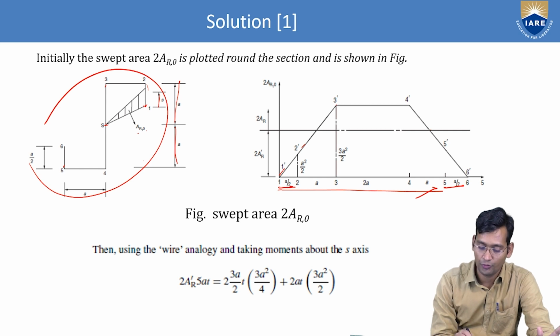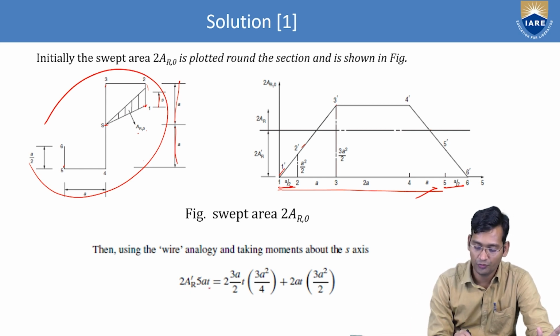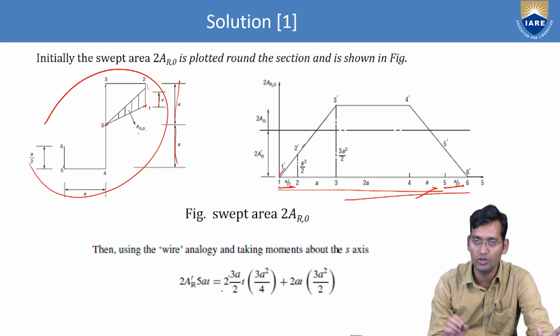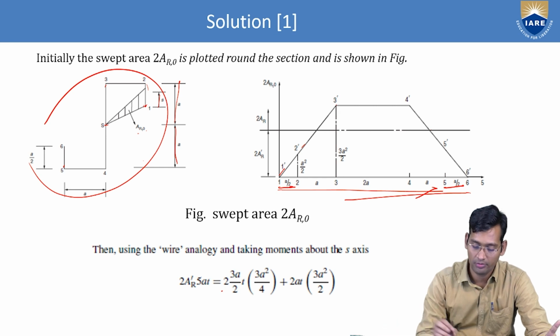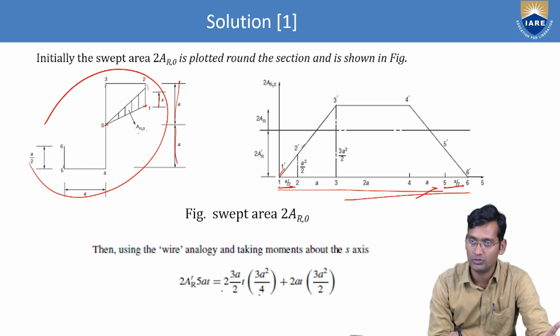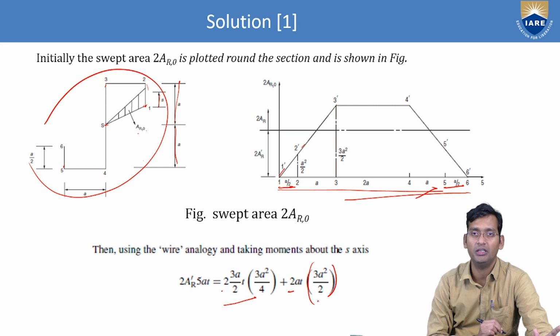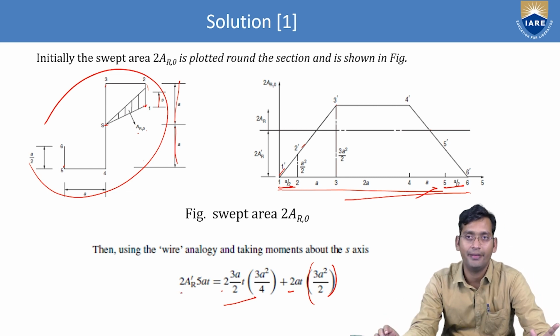So now just see. 2AR dash into 5AT is equal to 2 into 3A by 2 into T into 3A square by 4, 3A by 2 into 3A by 2 into A by 2, 3A by 4 plus 2AT into 3A square by T. So this is 2AR dash 5AT.